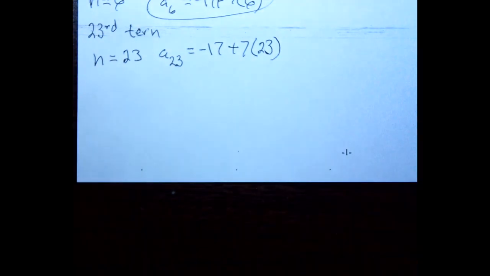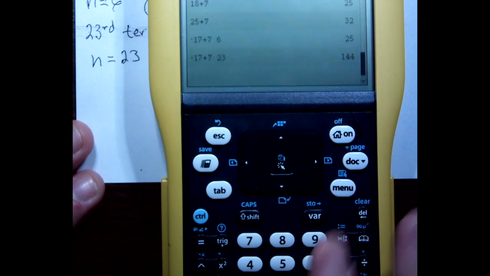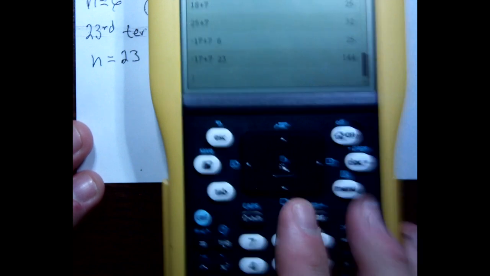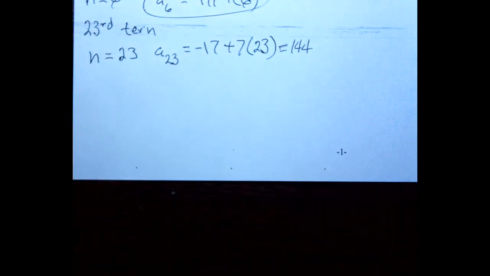The explicit formula is like an equation that gives us the 23rd term, and I just plug in 23. So negative 17 plus 7 times 23 is 144. That's nice to know, because the 23rd term in this sequence would be 144.